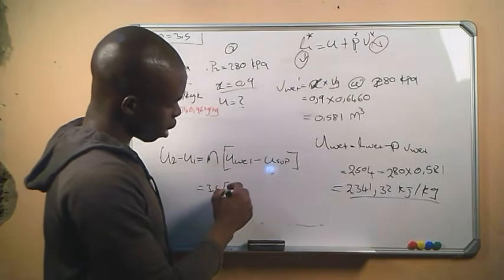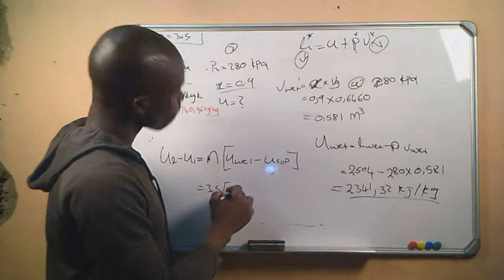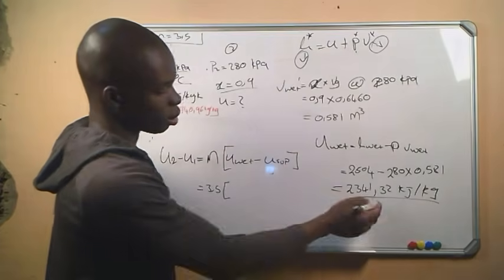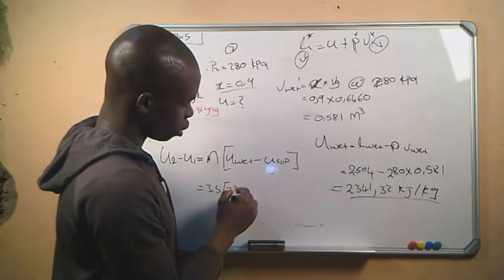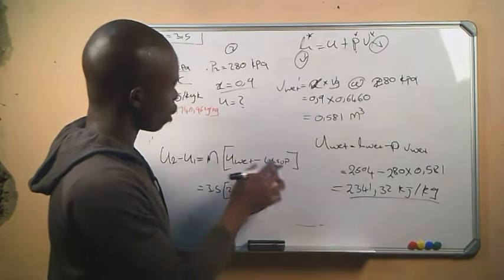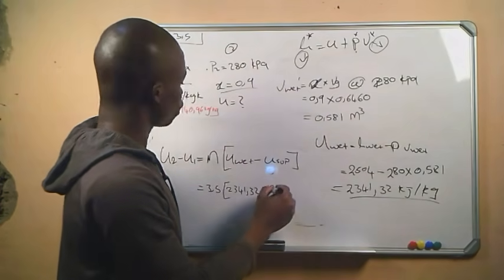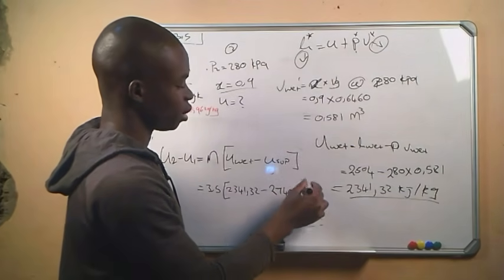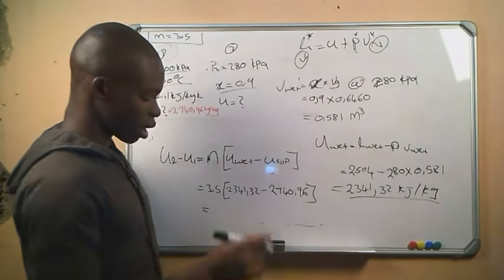Times our U wet, which is 2341.32, minus our U sup, which is 2740.96, and then calculate.